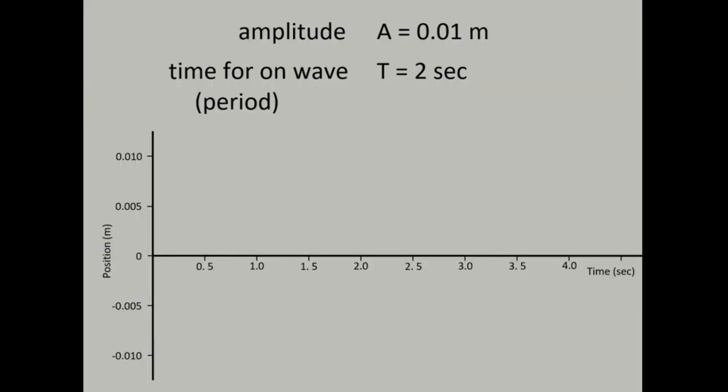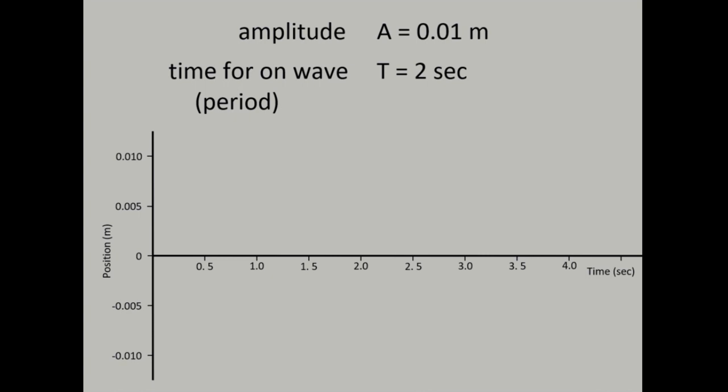Okay, we've taken all the information about our graph, what's happening to that center green point as time goes by. We know we had an amplitude of 1 centimeter, that's 0.01 meter, and we had the time for one wave to go by. Oh, look at that, I spelled it wrong. Anyway, the time for one wave to go by is 2 seconds.